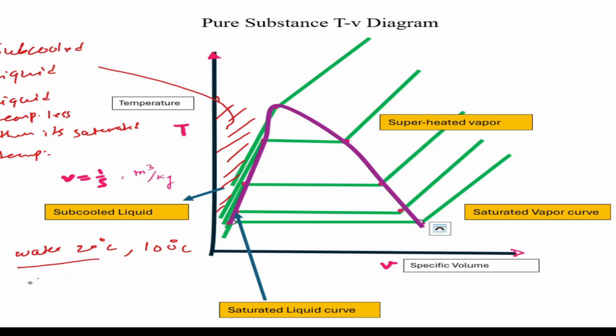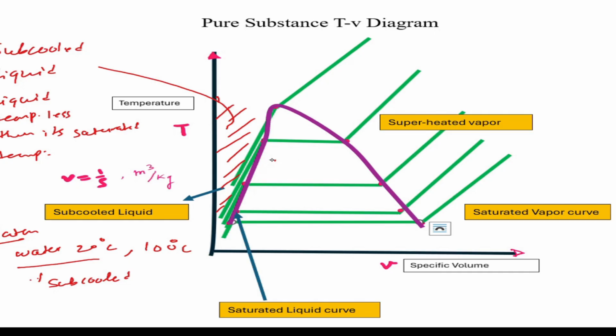This is called subcooled liquid, at constant atmospheric pressure, P equals P atmosphere. This is very important: at a particular pressure. So this water is subcooled water.